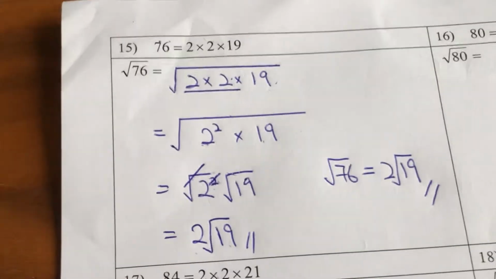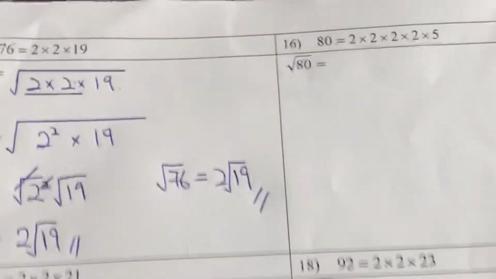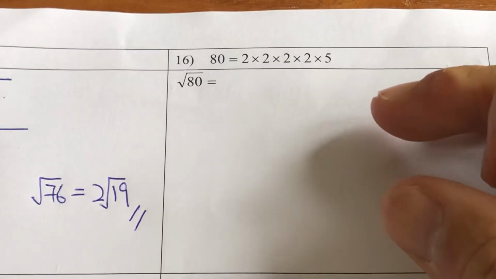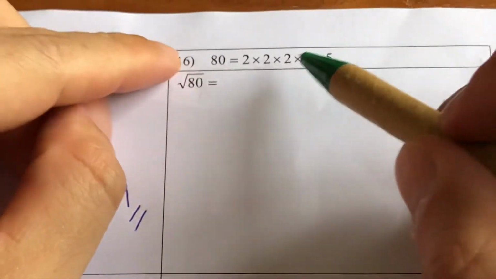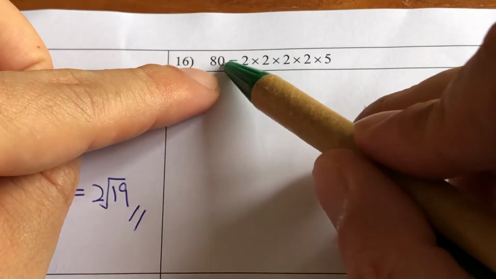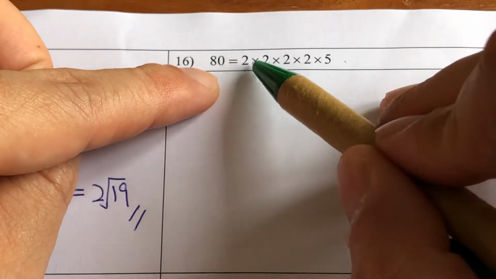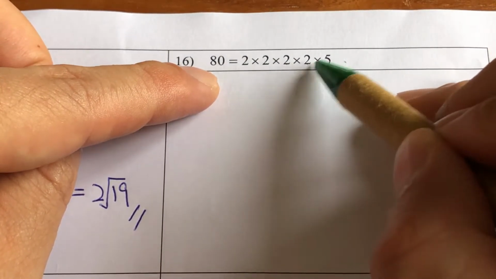Okay? And then this one. Now, suppose you have used short division to break 80 down into prime number factors. You find that it is 2 times 2 times 2 times 2 times 5.